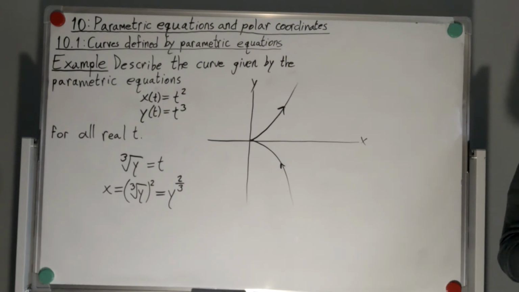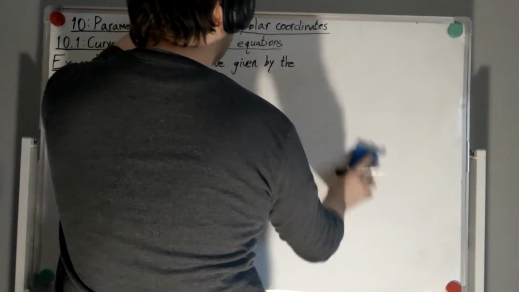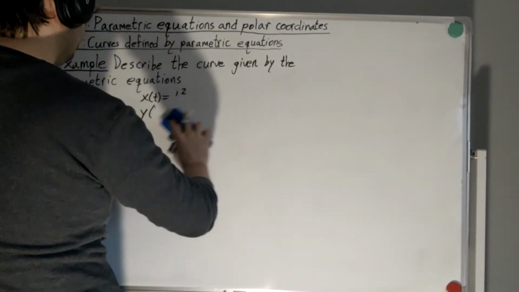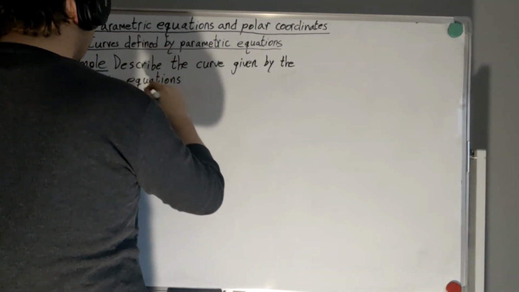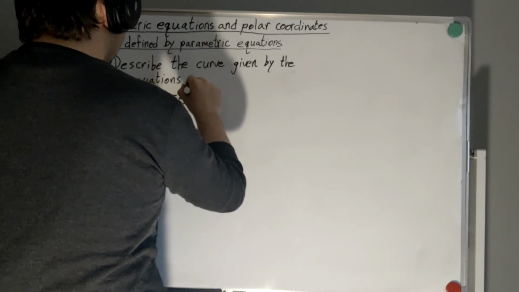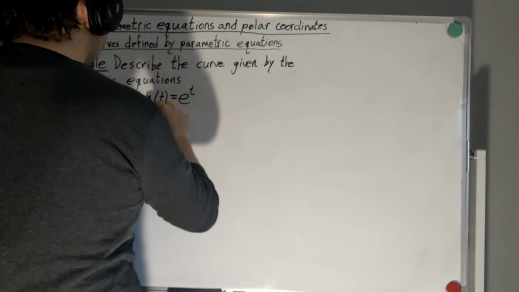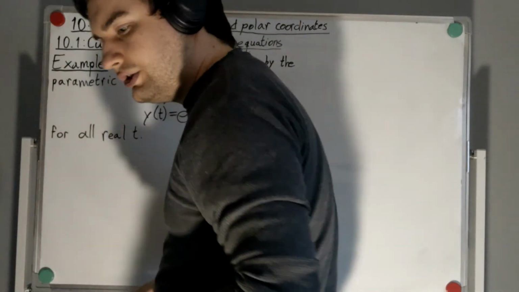All right, then we have x is e to the t, y is e to the negative 2t. And again, the range for t is all real values.